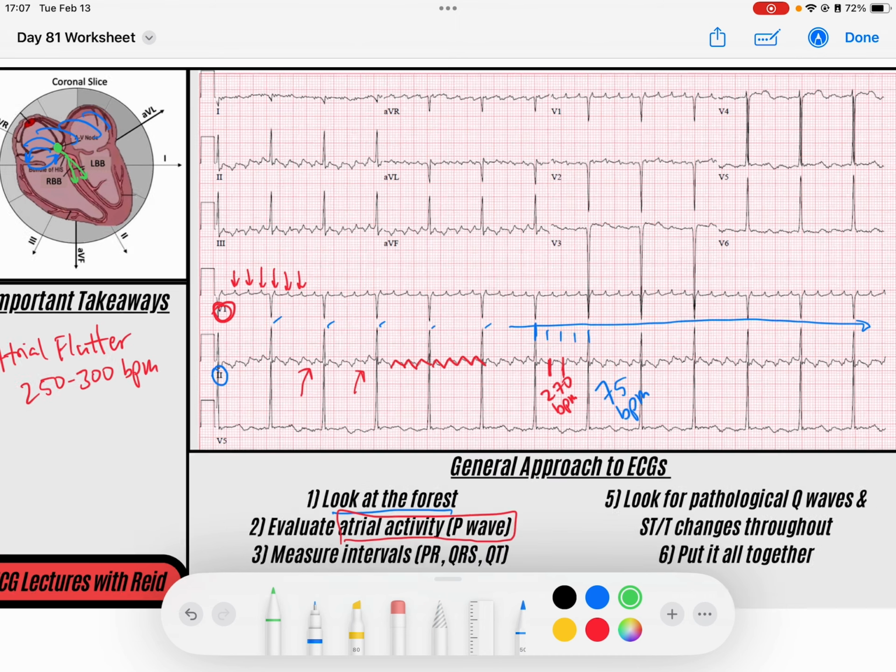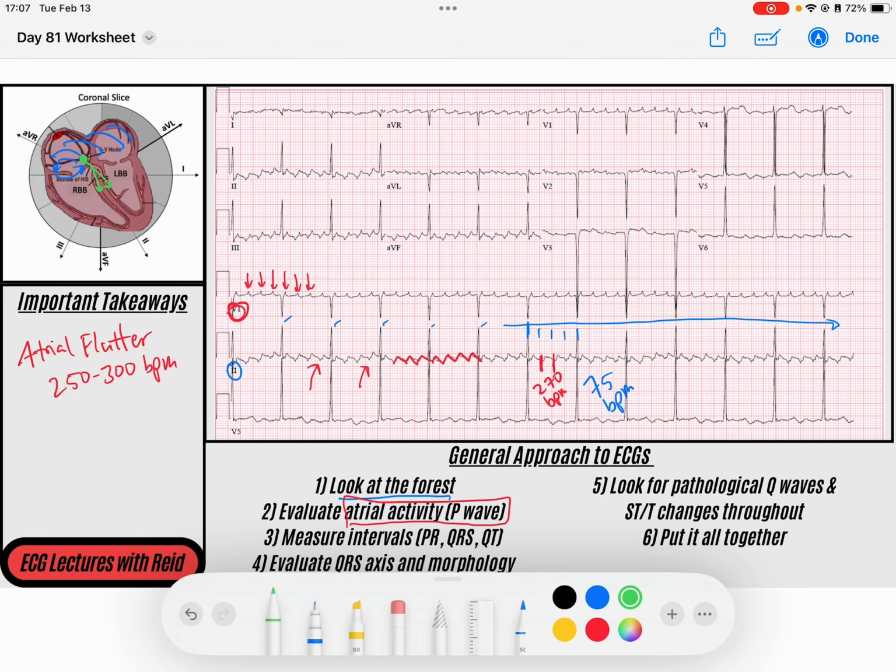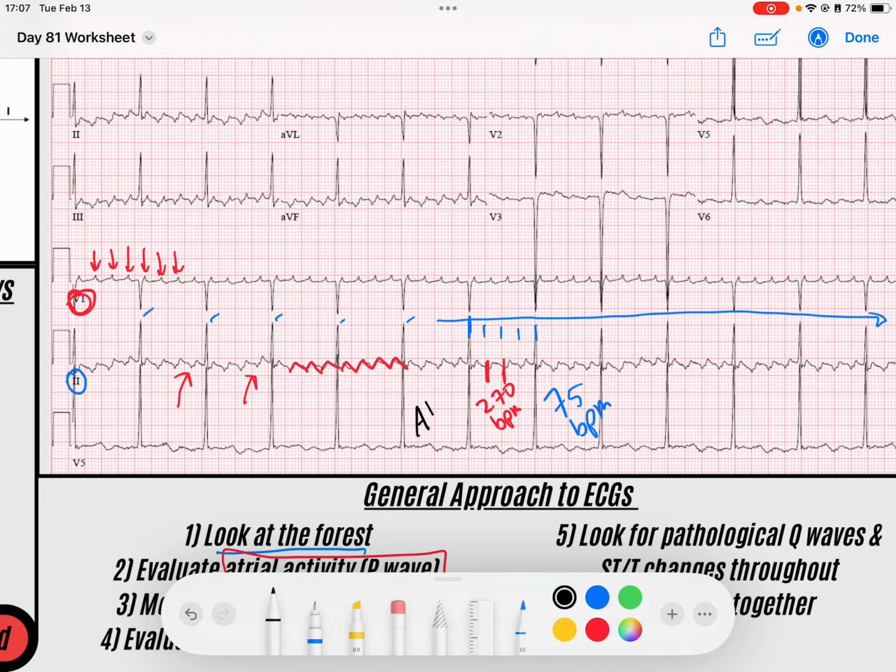And so let's define what the ventricular response is, right? Because how often is the ventricle conducting these flutter waves? It can't conduct every single one. The AV node would be beating the ventricles at 270 beats per minute if that was the case. Well, what we can do is guesstimate. We can see, first of all, the atrial rate. So my atrial rate is 270 beats per minute, and my ventricular rate is 75 beats per minute.